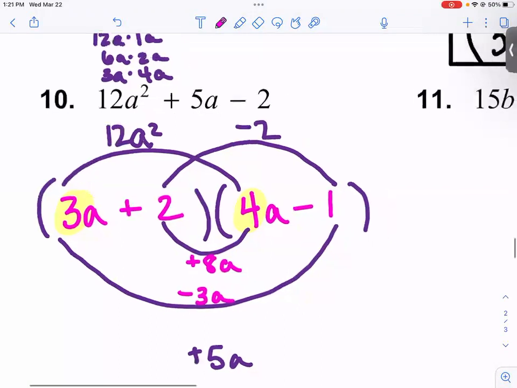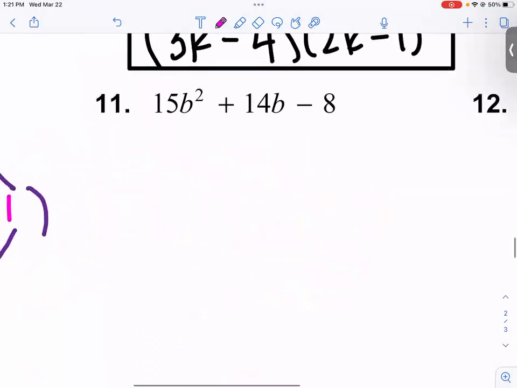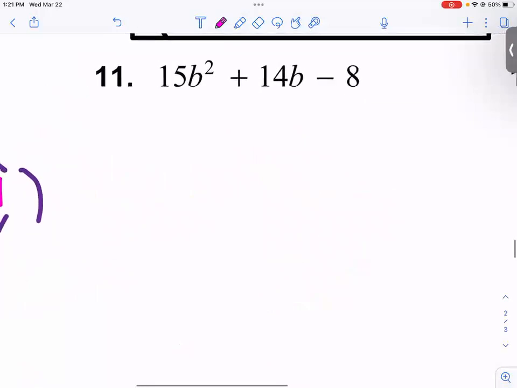Okay, so let's try this. How about you work on, what do you think, number 11 or number 12? All right.